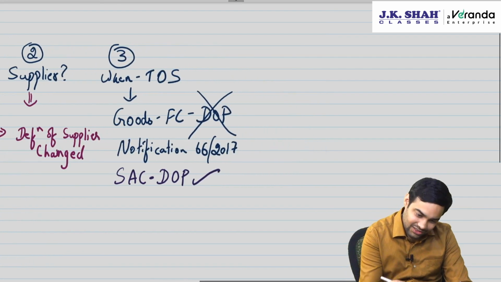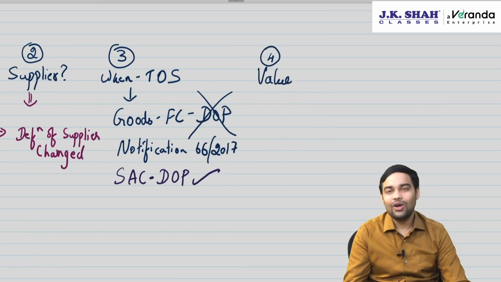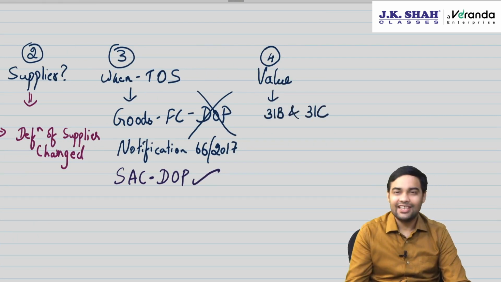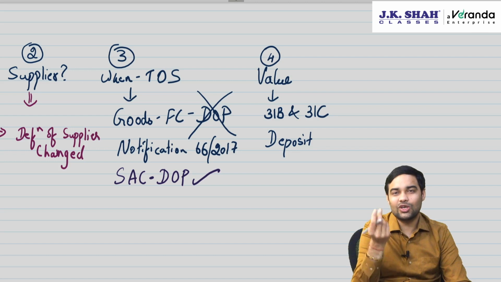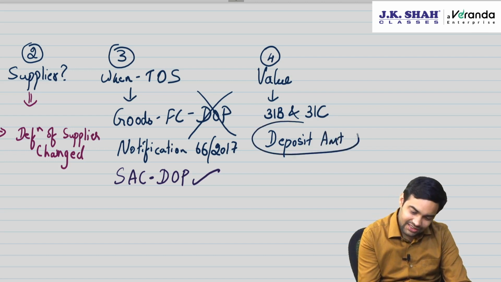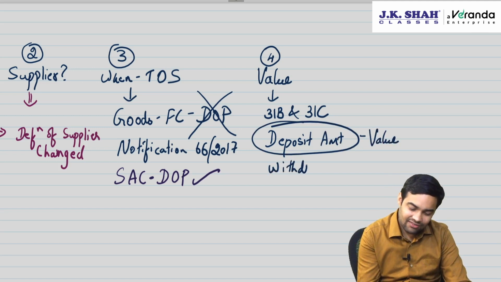Then the question was on how much, because even though I am a supplier, what will be the value? They added rule 31B and 31C to provide that whatever is the deposit amount or whatever is the money to purchase some tokens, coins in a casino, that deposit amount will be considered as value, and withdrawals will not be considered as reduction in value.